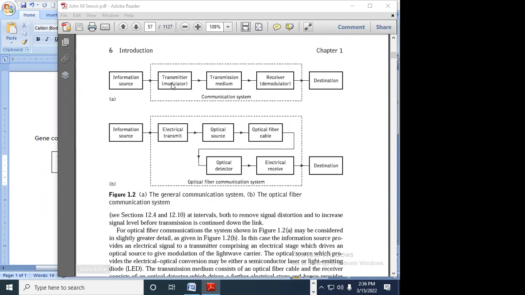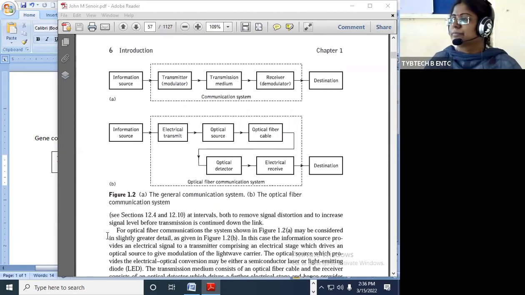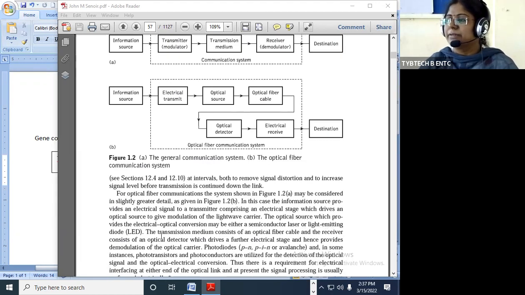Next, electrical transmit. Electrical transmit is the block which processes the basic signal and makes it more suitable for transmission.